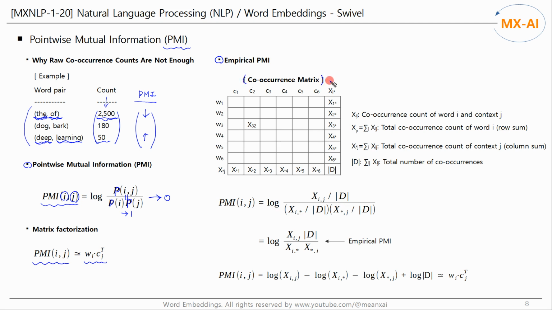Let's consider the following co-occurrence matrix. The rows correspond to target words denoted by W, and the columns correspond to context words denoted by C. Each entry in the matrix Xij represents the number of times target word Wi and context word Cj co-occur in the corpus.